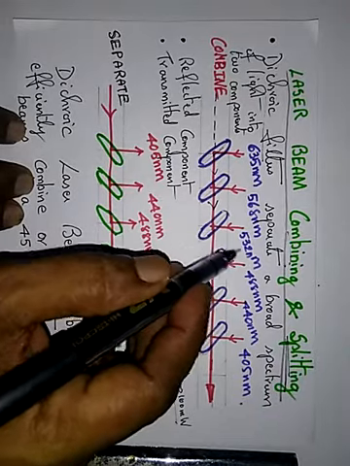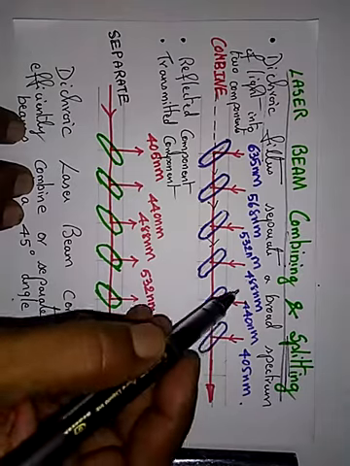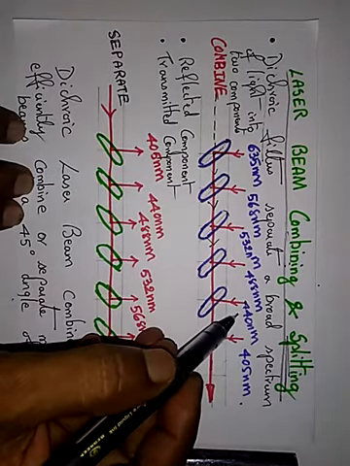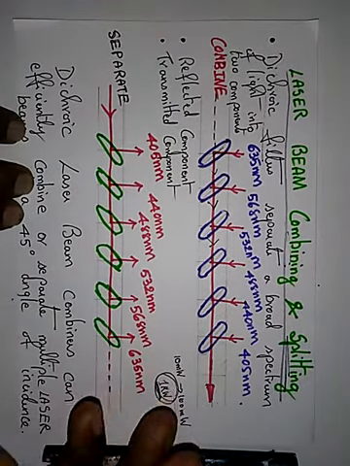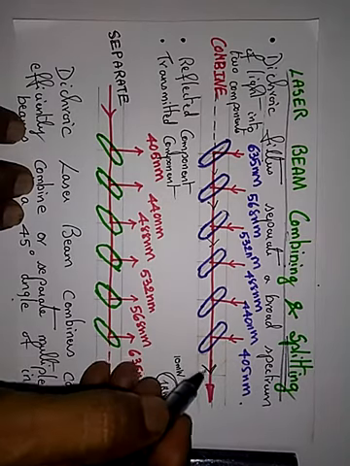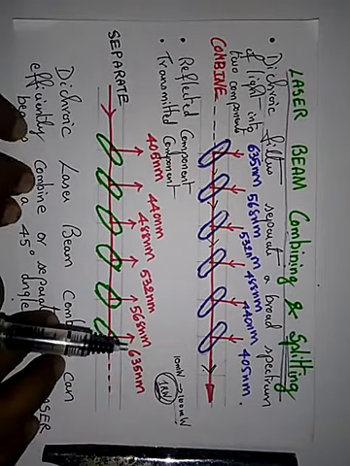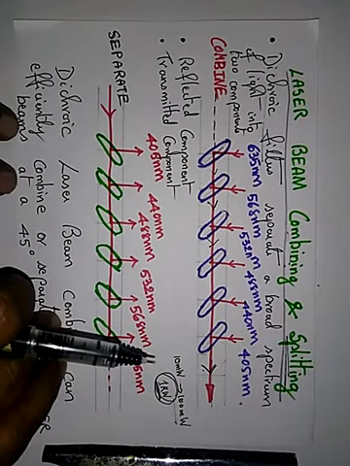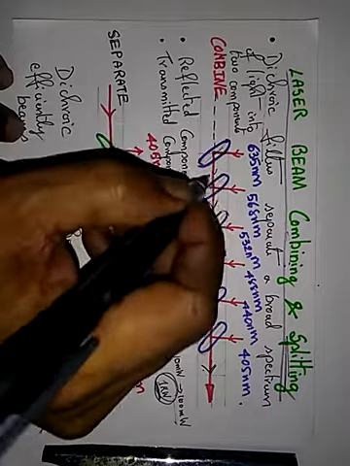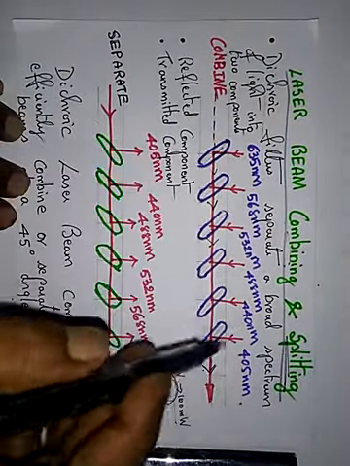Then 532 nanometer combines with these two wavelengths and you get the output here. Then 488 nanometer, 440 nanometer and 405 nanometer. That means at this point all these wavelengths are combined together because of the dichroic filters. So basically at 45 degree all the wavelengths of the laser beam get combined.